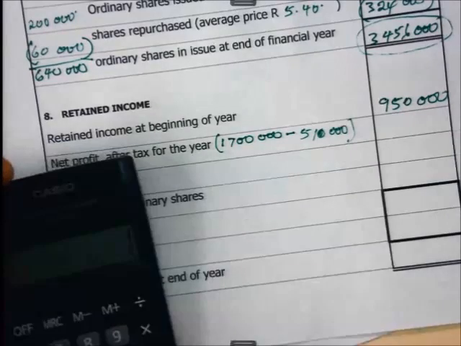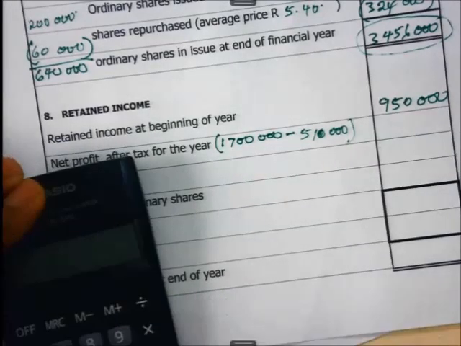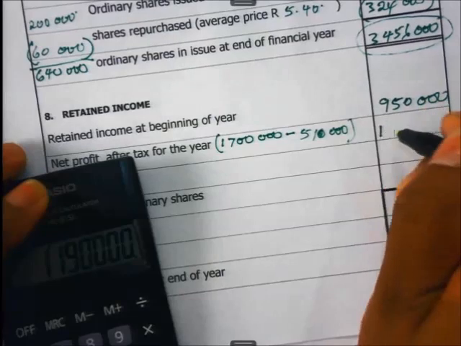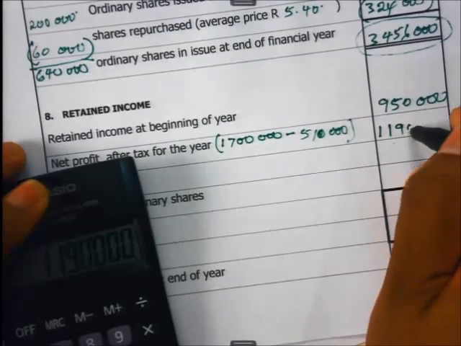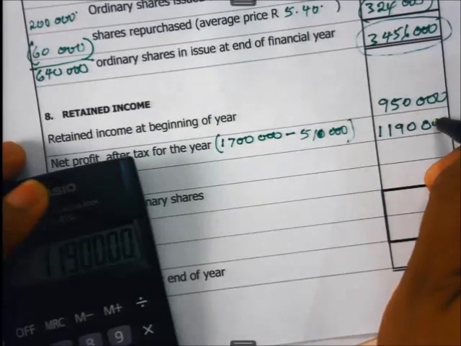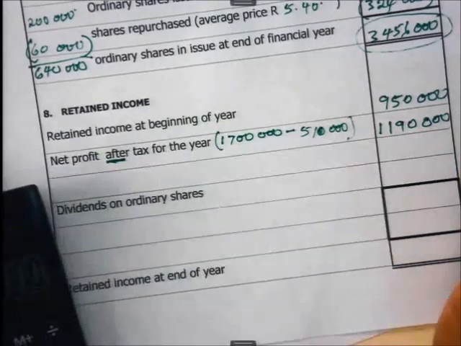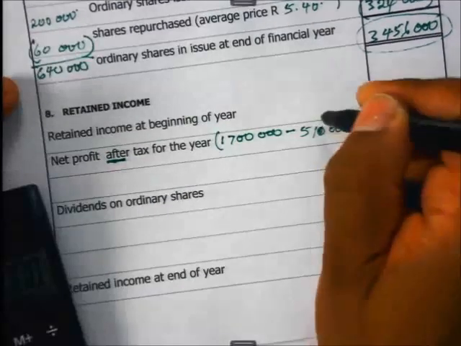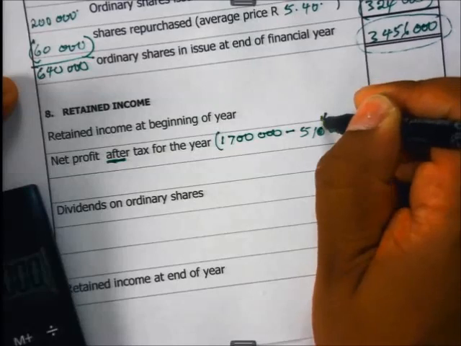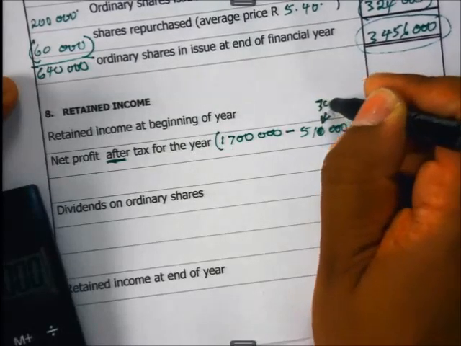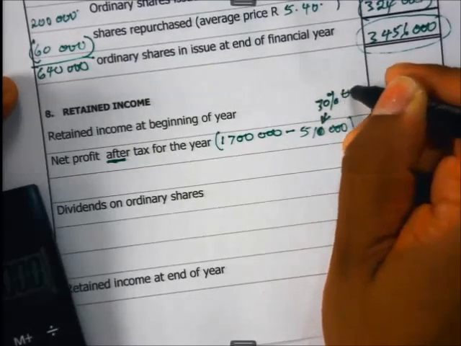Now you have 1,700,000 minus 510,000 equals 1,190,000. Okay. The other way of doing this, remember, this 510,000 is the 30% tax.